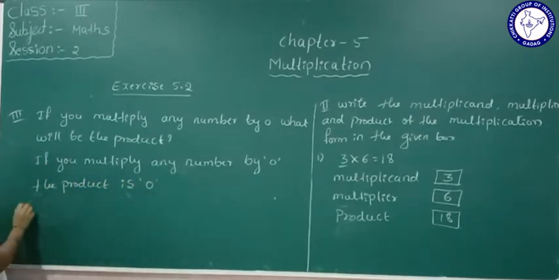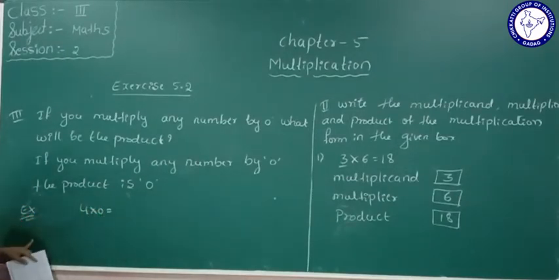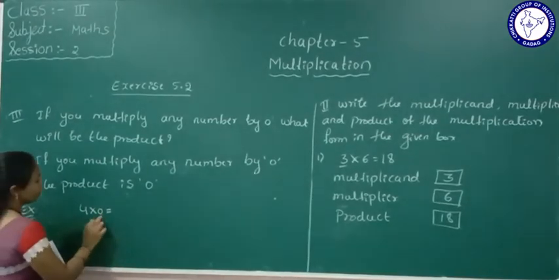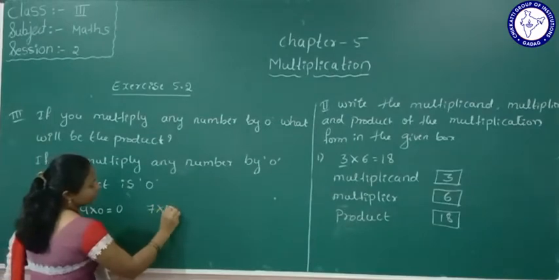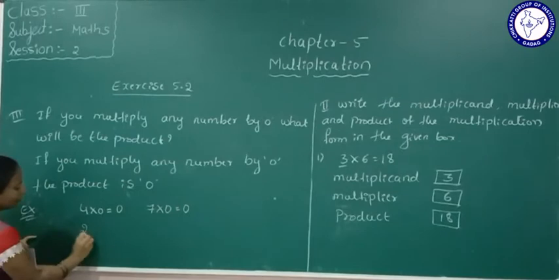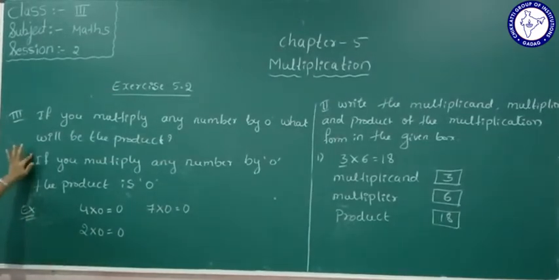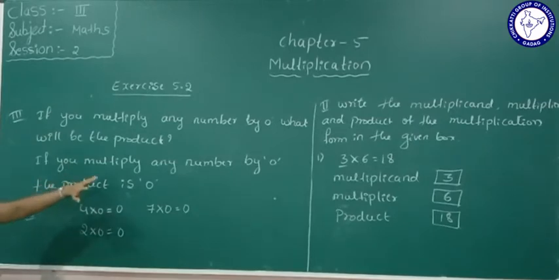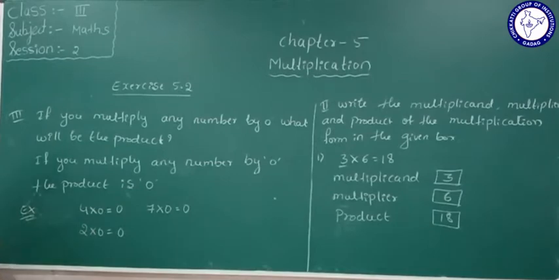Okay, for example, see students, 4 into 0 is equal to how much? 4 zeros are 0. Yes, like 7 into 0 is equal to, 7 zeros are 0. 2 into 0 is equal to, yes, how much? 0. Understood this one? So this is the property of multiplication, one of the properties. If we multiply any number by 0, the product is 0 only. Okay, another property is there.